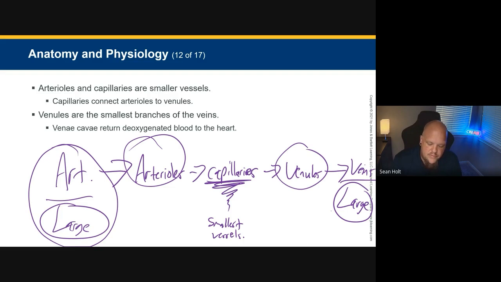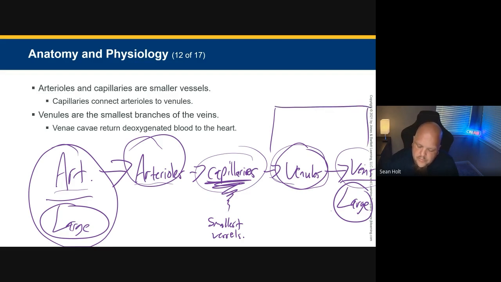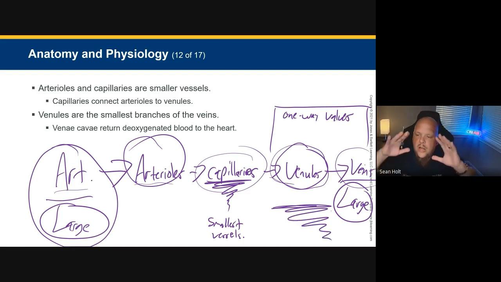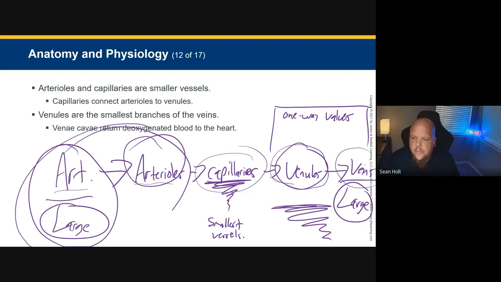But these are the vessels, arteries down to arterioles, down to capillaries. Then from the capillaries, they collect in the venules that collect into the veins. And the venules and the veins, from here all the way back up to the heart, are one-way valves. That's because the venous system over here is under a lot lower pressure than the arterial system over here, okay?